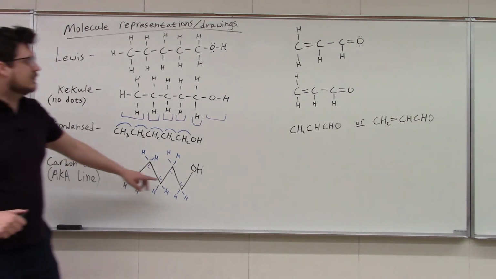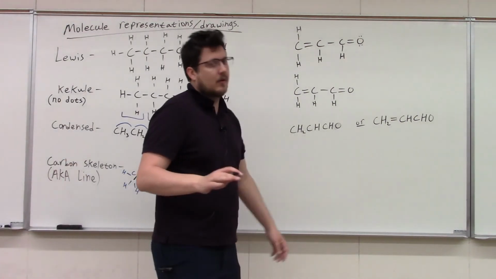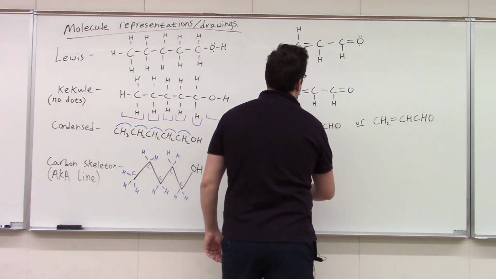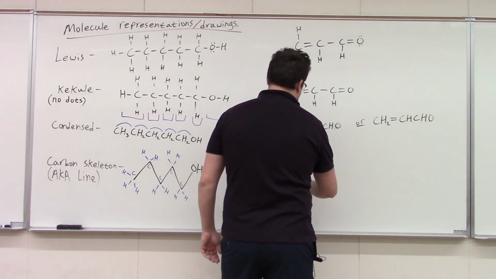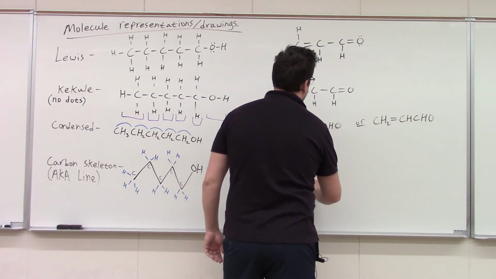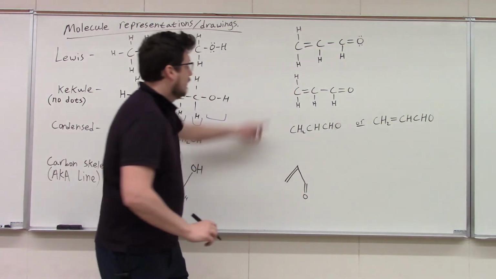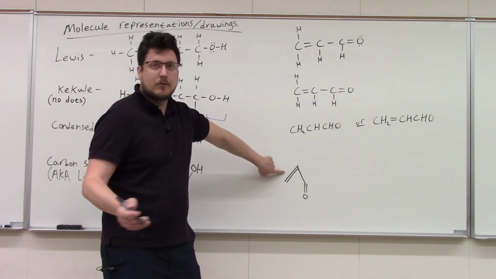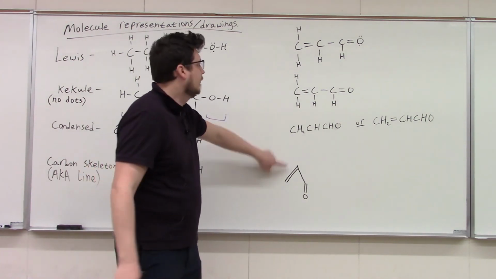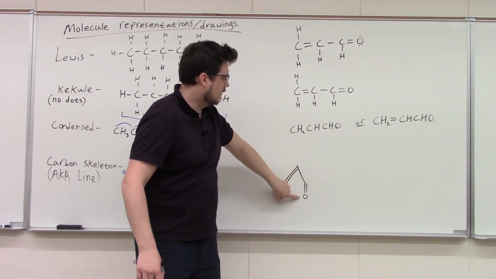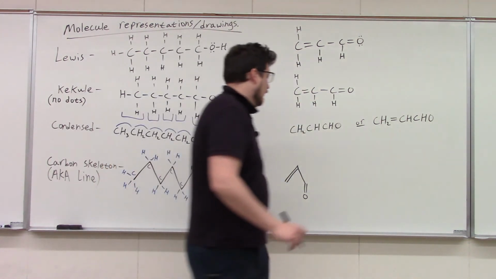And then the carbon skeleton. No more happy little hydrogens. All right, I've got carbon double bonded to a carbon, single bonded, double bonded oxygen. So there's my carbon-carbon double bond. For a double bond, we just draw a double line. We got a carbon here, we got a carbon there, double bonded to an oxygen.